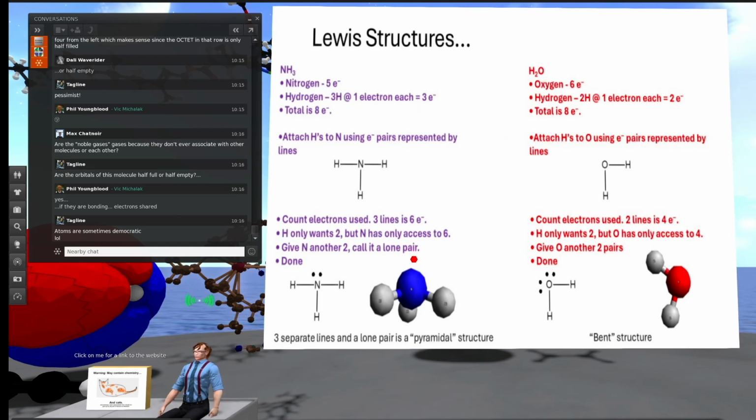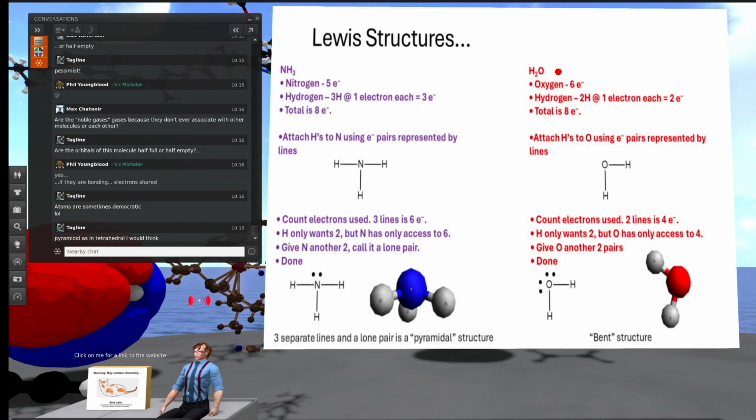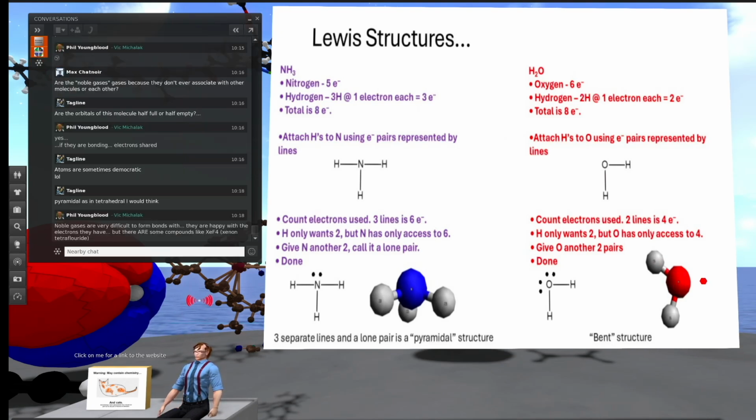I did the same with water, H2O, and here I won't go through the whole thing, but in the final stage, we have an oxygen atom. It's connected to 2 hydrogen atoms. That's using up 4 electrons. The other 4 electrons are just given to the oxygen as 2 lone pairs.